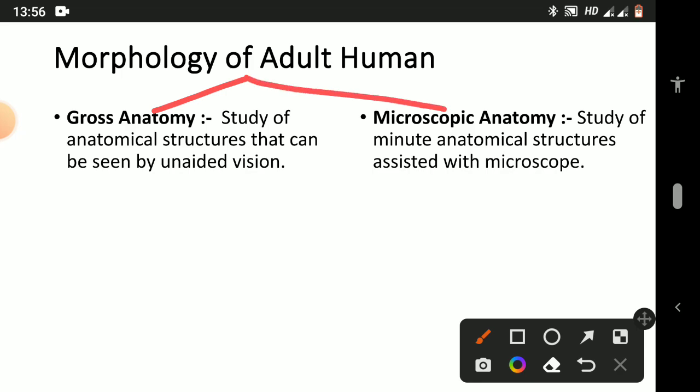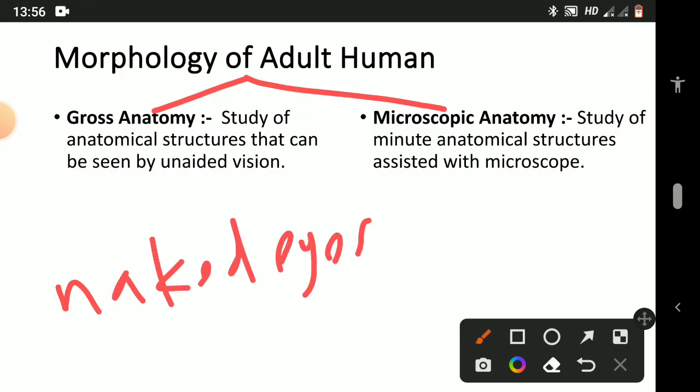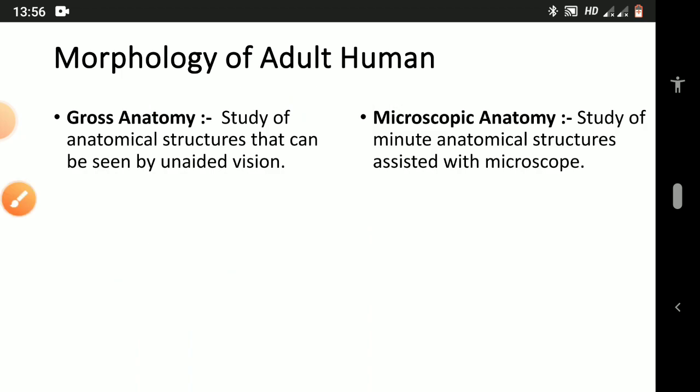As the name indicates, gross anatomy is the study of anatomical structures that can be studied by the naked eye. That's why it is called gross anatomy. But in microscopic anatomy, a microscope is required to perform the study of minute, that is very small, anatomical structures.